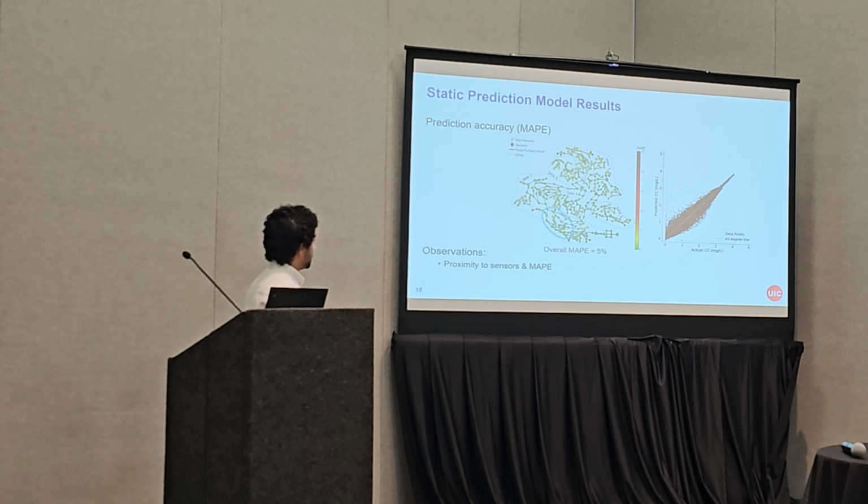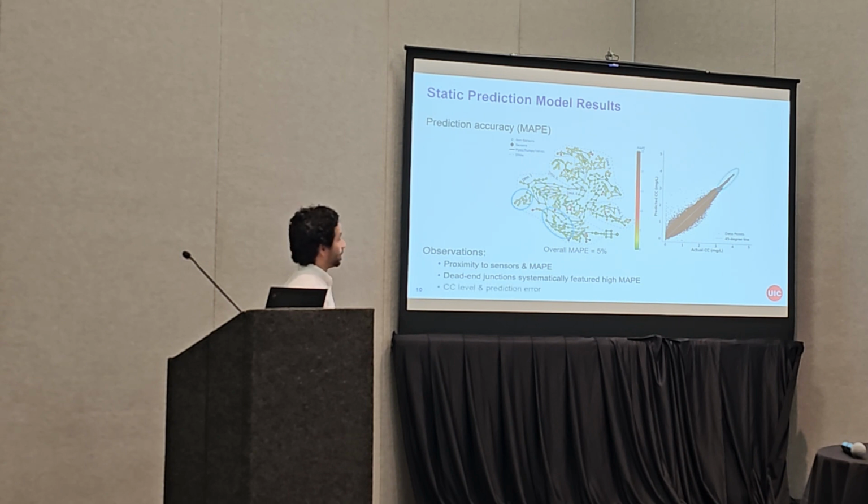First, there is a relationship between proximity to sensors and the error. This black shape represents the sensor location. The closer we are to the sensor, the less error we get. And also, we see that dead-end junctions systematically feature higher mean absolute error compared to intermediate junctions.